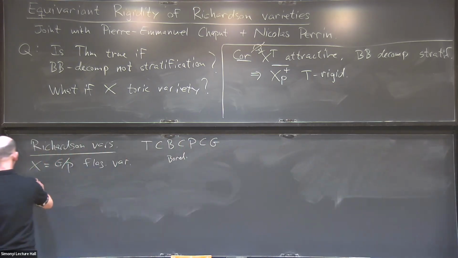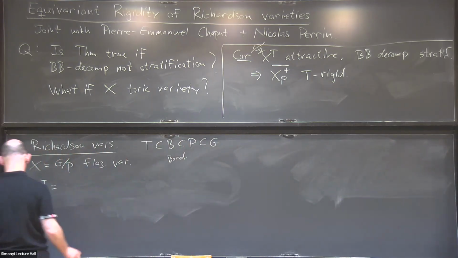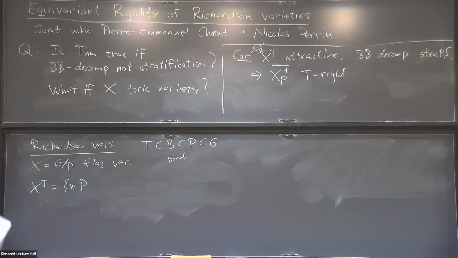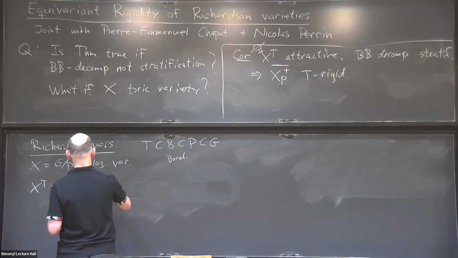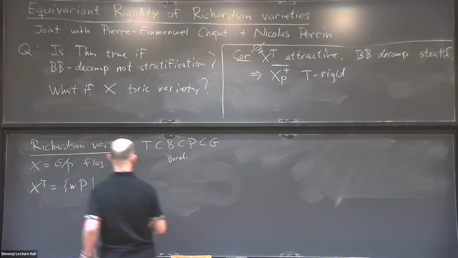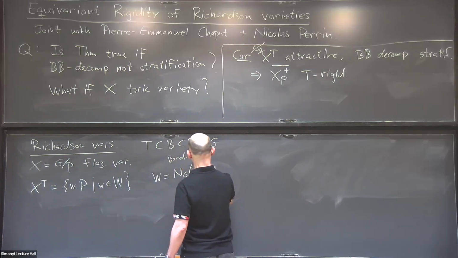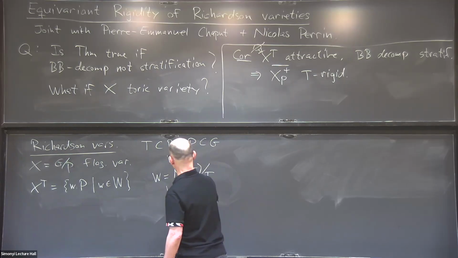Then the T fixed points we care about are just the translates of the identity point by Weyl group elements. The Weyl group is the normalizer of T modulo T.